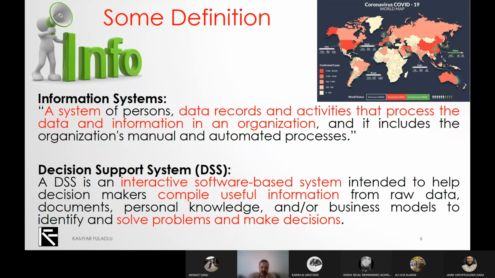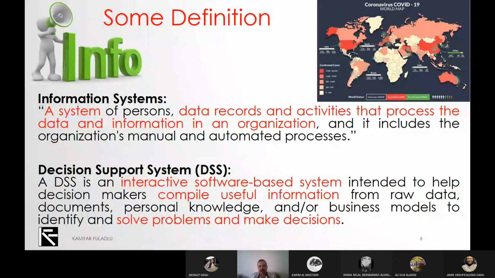During this process, which could be automatic or manual, we transfer data into information. So this is an information system.